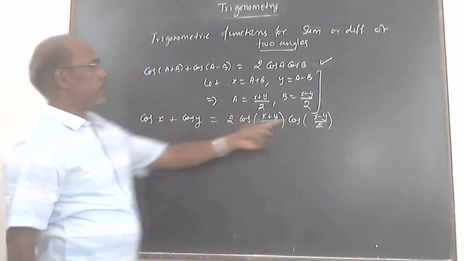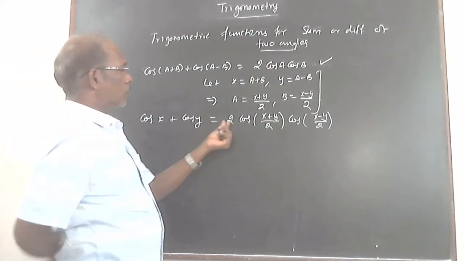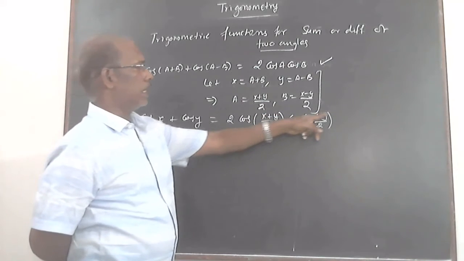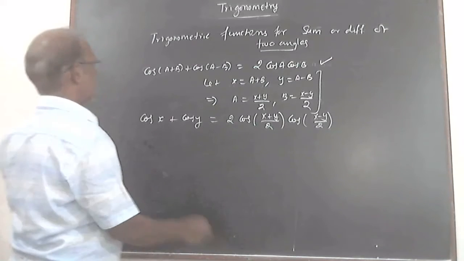This is known as the product rule. Cos x plus cos y is 2 times cos of x plus y by 2 and cos of x minus y by 2.